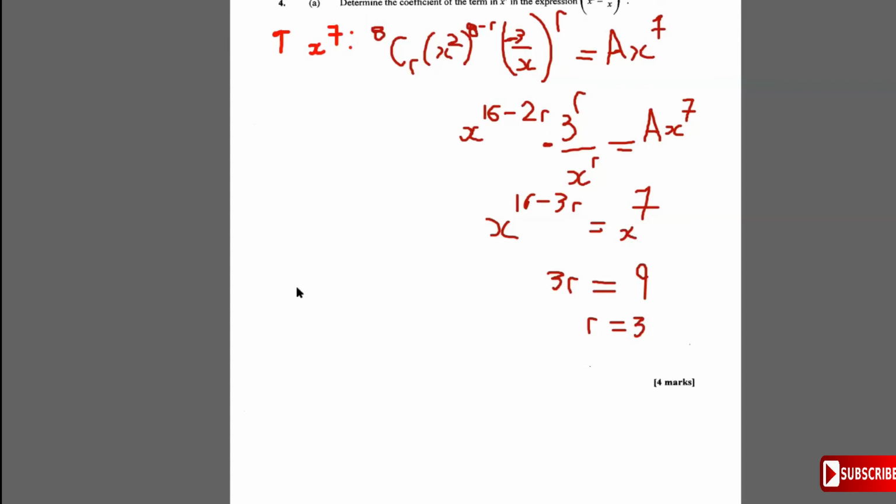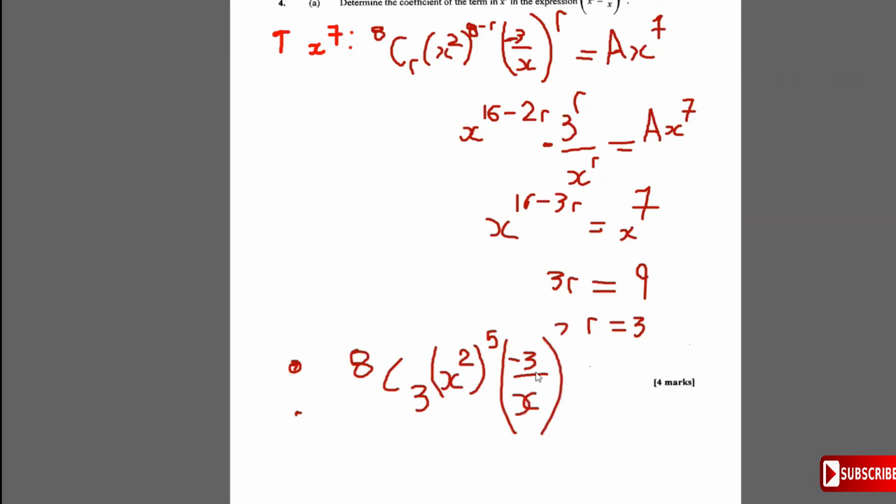Since R is 3 now we can find the coefficient. Now we can just use this formula, putting in R as 3. So it's going to be 8 choose 3 of x squared to the 8 minus 3, because r is now 3, 8 minus 3 is 5, times minus 3 over x cube. This will give us the coefficient.